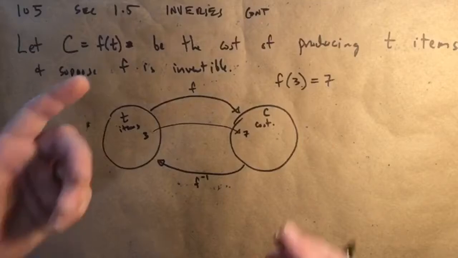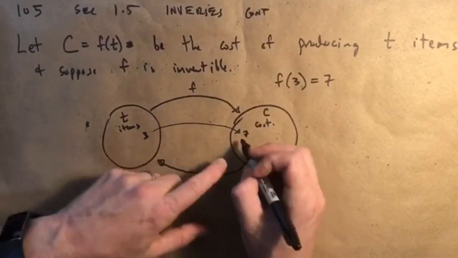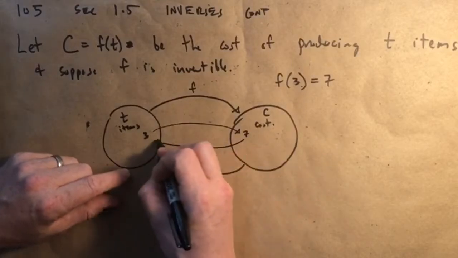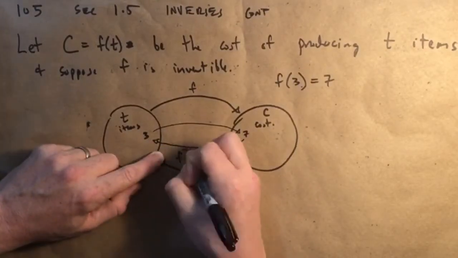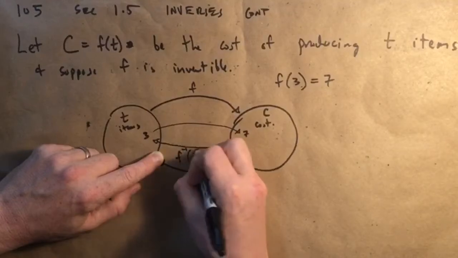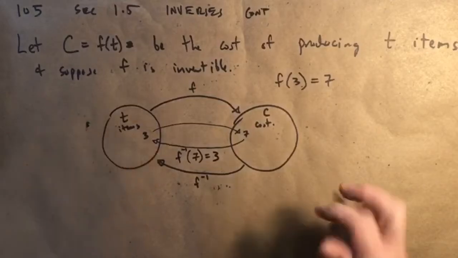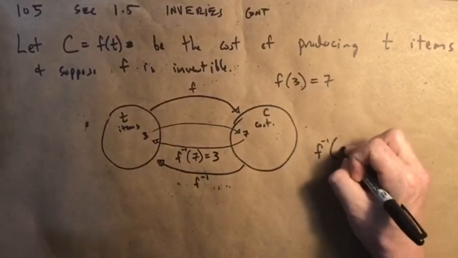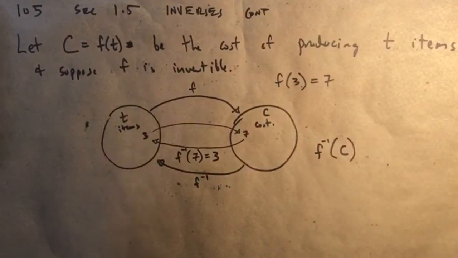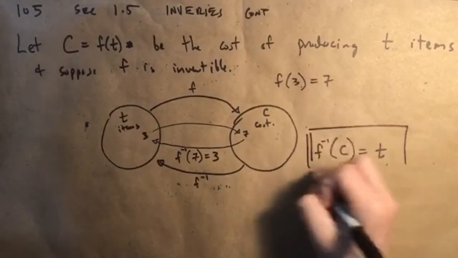Similarly, if I had the cost of 7 and we wanted to take that back to 3, we could express that as f inverse of 7 equals 3. In general, for this problem, f inverse takes in a c value and it gives to us a t value, and that is the takeaway.